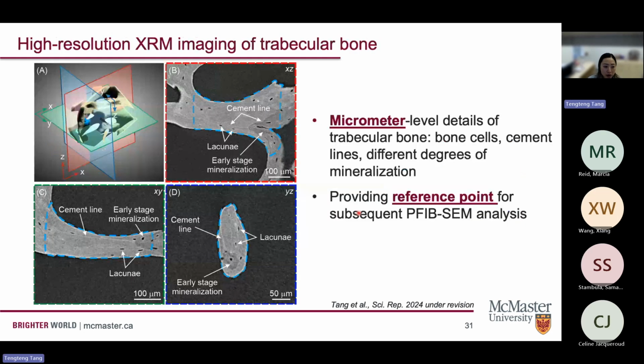And with the high resolution imaging within the XRM, we can appreciate even finer structural details within that selected region of interest, where you can see those small, dark pores. Those are the cavities that host the bone cells. You can also see the different gray levels. Those gray levels are essentially a reflection of different mineral content within the bone tissue.